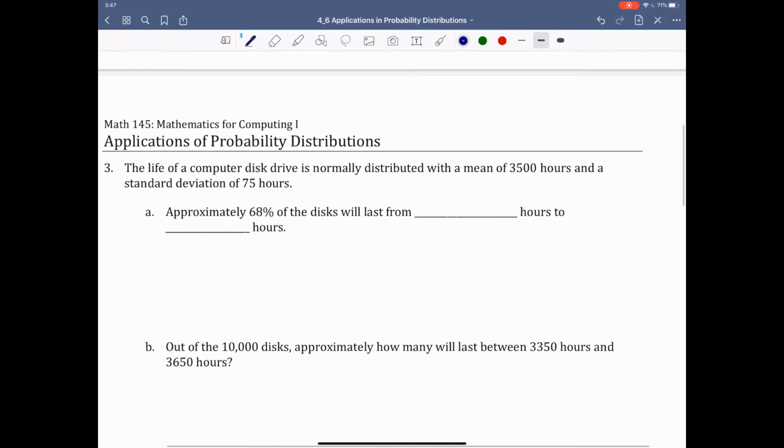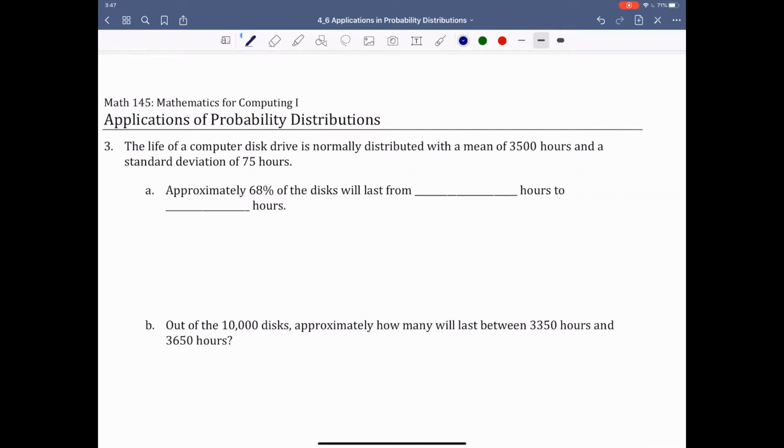Question number 3. The life of a computer disk drive is normally distributed with a mean of 3,500 hours and a standard deviation of 75 hours. We want to know between which 2 hours approximately 68% of the disks last. Using our empirical rule, we know that 68% of the data lies within 1 standard deviation of the mean.